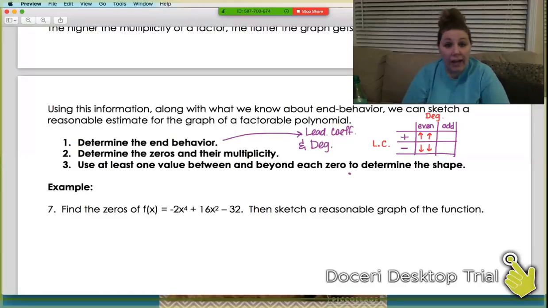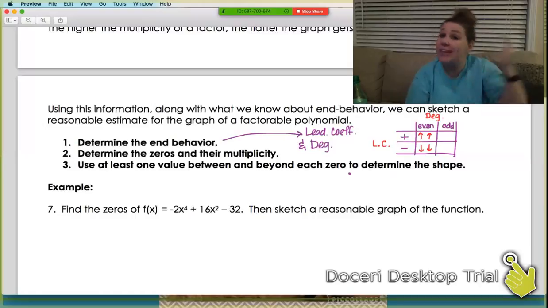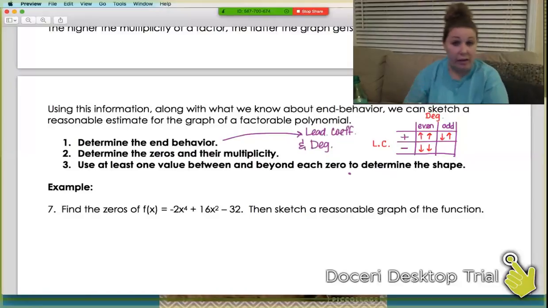Now, odd, the arrows are always going to be opposite. And if you just remember, the plus or the minus tells you what the arrow on the right side does. It tells you what the last arrow does. So if it's odd and positive, that means my last arrow goes up, so my first one has to go down.